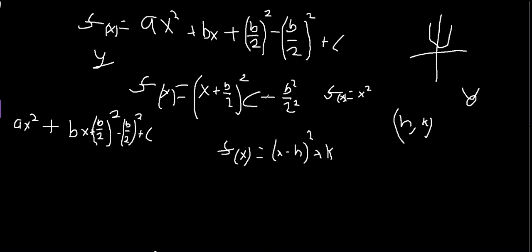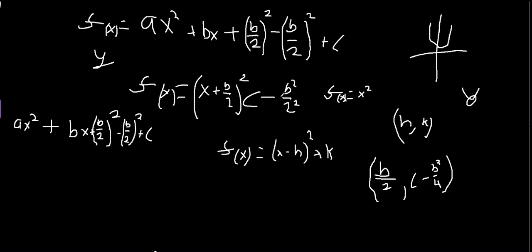We already know that the vertex lies at b over 2, and its y coordinate is ugly, c minus b squared over 4, because 2 squared is 4, right? And that's where its vertex is. And then even from that, we can derive more, right? Since this is standard form, and it doesn't have a negative, we know the axis of symmetry is b over 2, and all these other useful things.